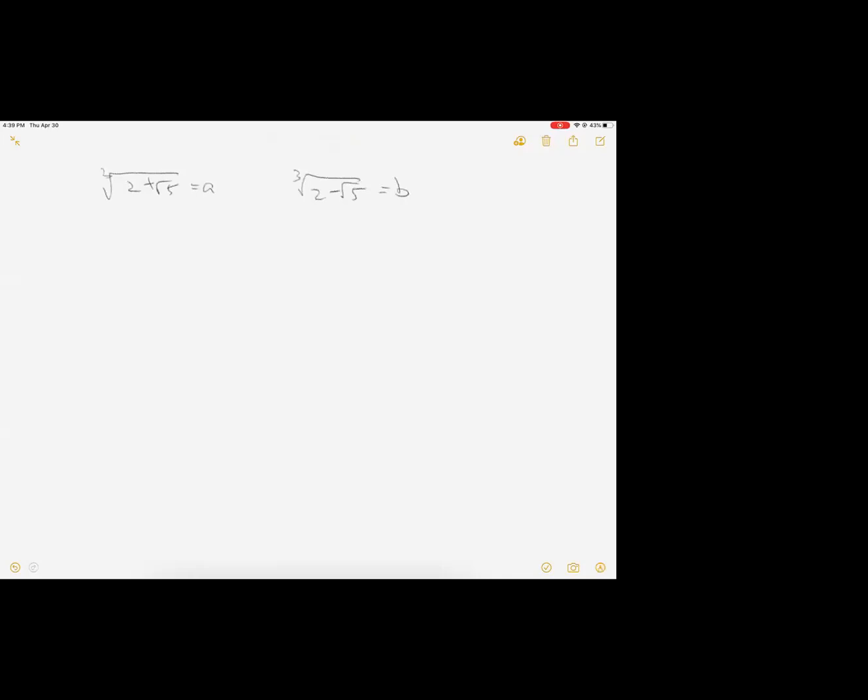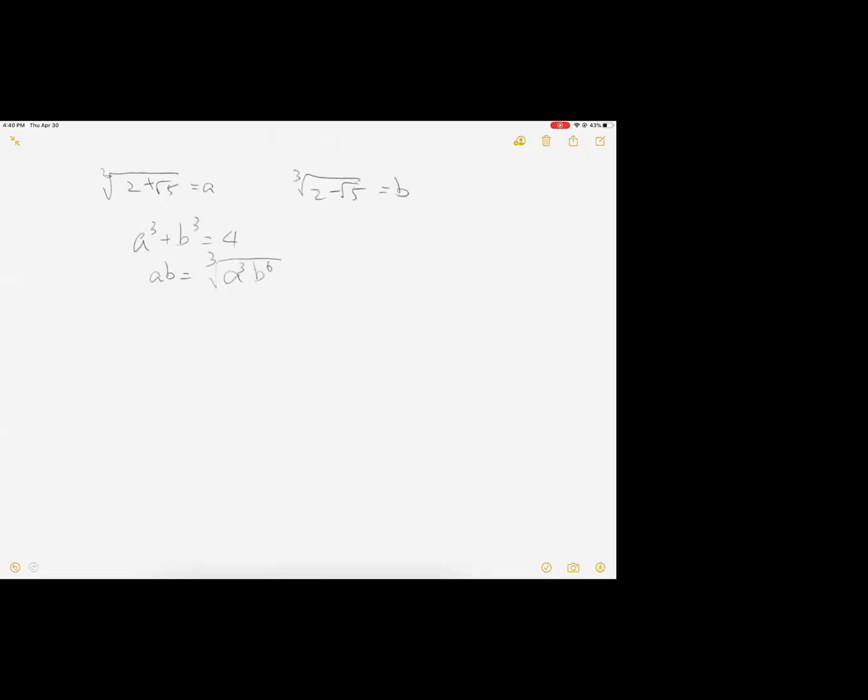Then I saw that the cube of a plus the cube of b equals 4. And I saw ab is the same as the cubic root of a cubed b cubed.